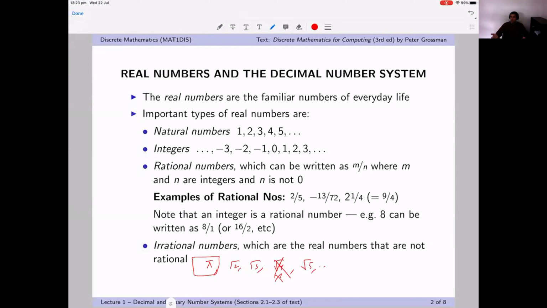Algebraic means a solution of an equation. For example, square root 2 is a solution of x squared minus 2 equals 0. So this implies x equals plus or minus square root 2, so fine.